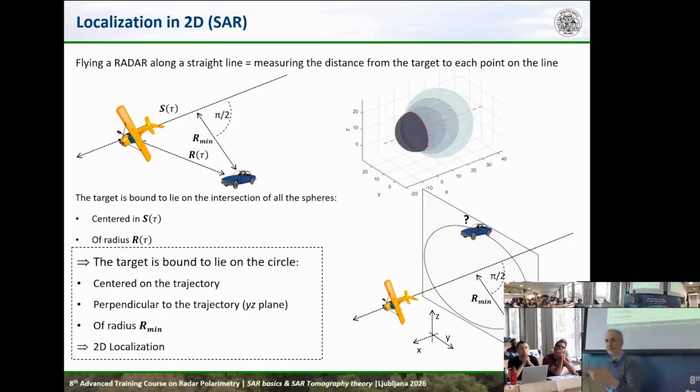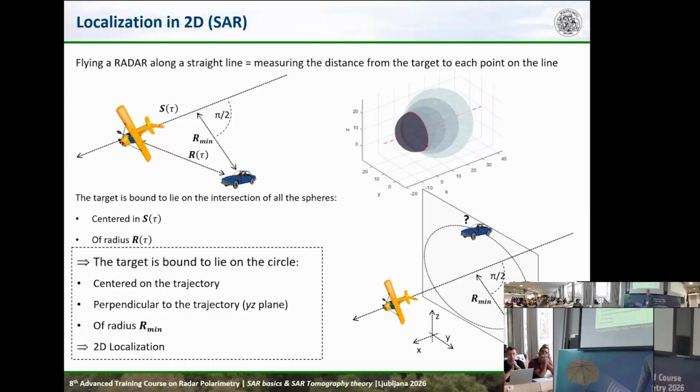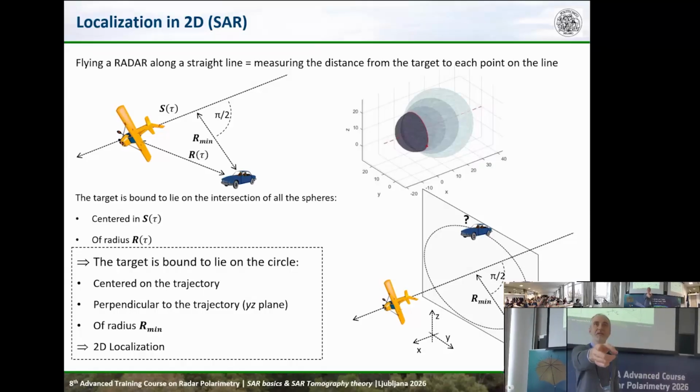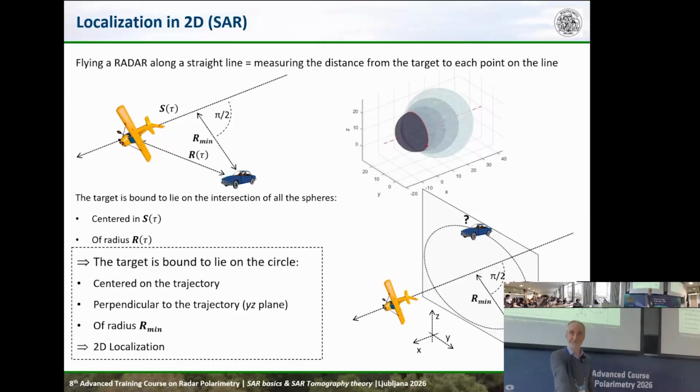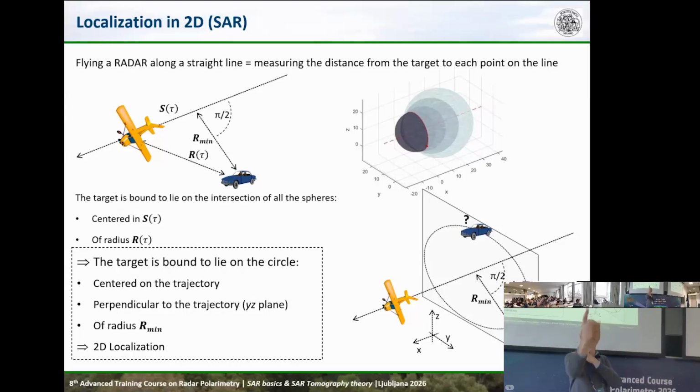So let's say if I take this big microphone as the target, and I do my radar experiment, so I travel. At the end of the day, I am going to know that this microphone is somewhere on this circle. So I have a 2D localization because I know its distance from this position, and I also know that it is somewhere here.